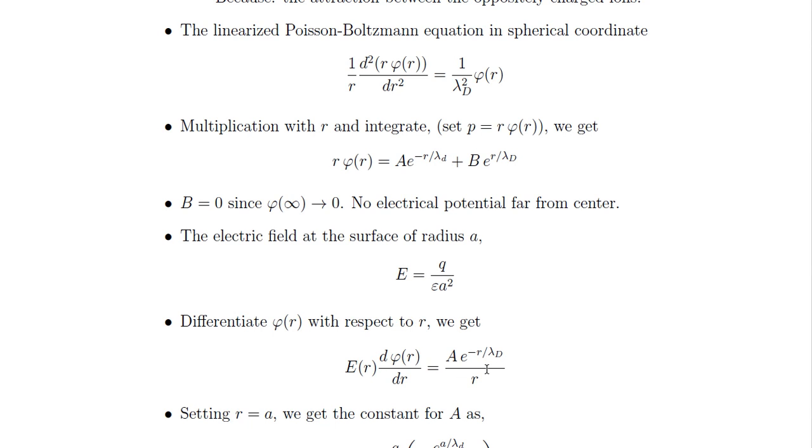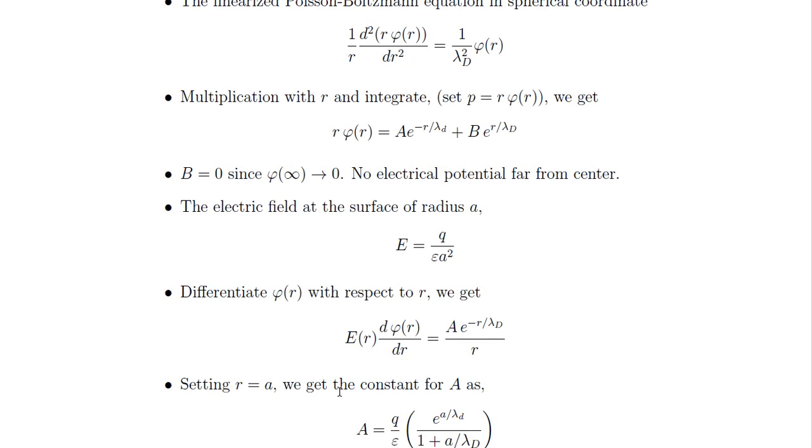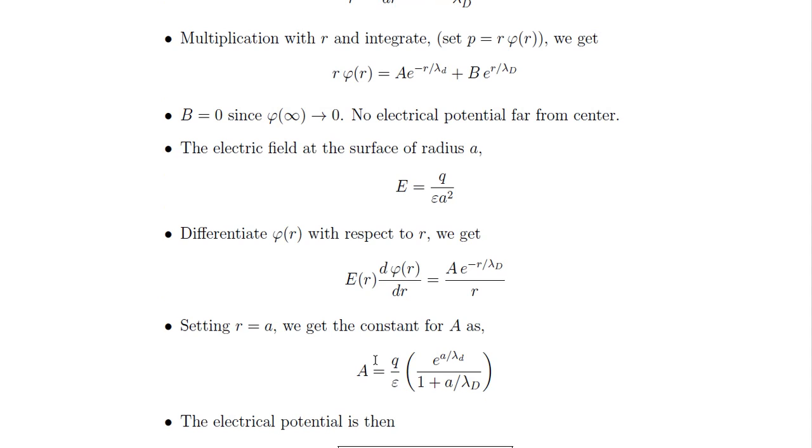If we set r equal to a, we get a constant for this one, B equal to 0, and here we have A equal to Q.